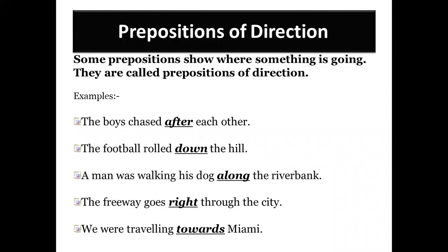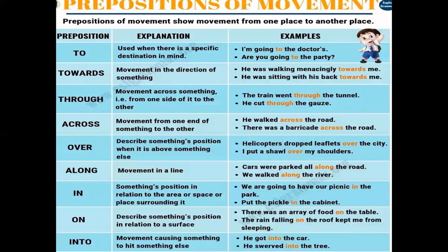It is like the boys chased after each other, the football rolled down the hill, a man was walking his dog along the riverbank, and so on. Let's understand some prepositions of movement, like to. To is used when there is a specific destination in your mind.